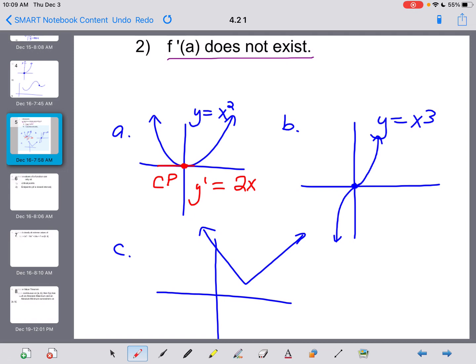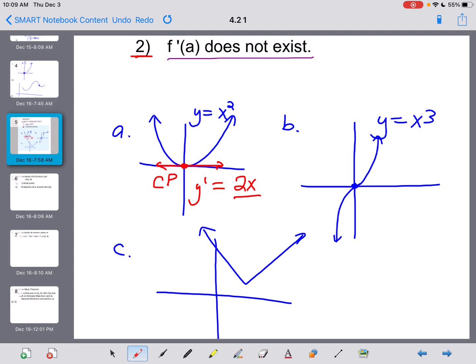And of course, that shows up as a horizontal tangent, since the derivative tells us the slope of our tangent. The other thing we should think about, the second part of that definition, is that you also have a critical point anywhere your derivative does not exist. So you should ask yourself, is there any value of x that we could put in there and not get a real result? The answer to that is no.